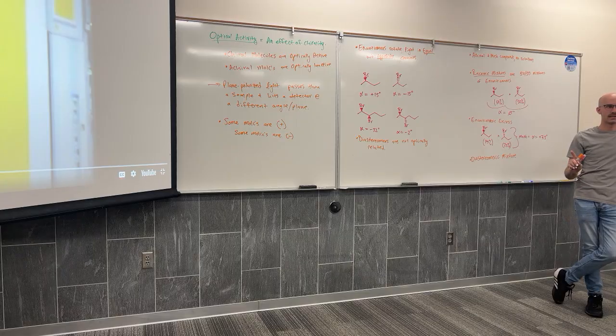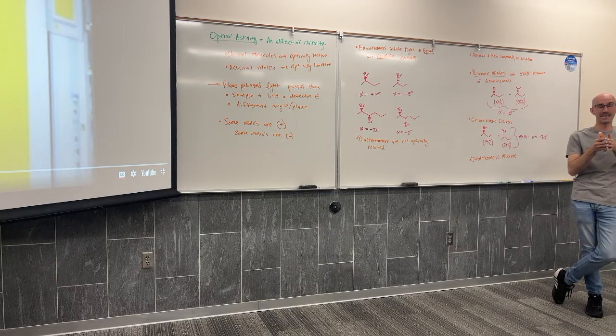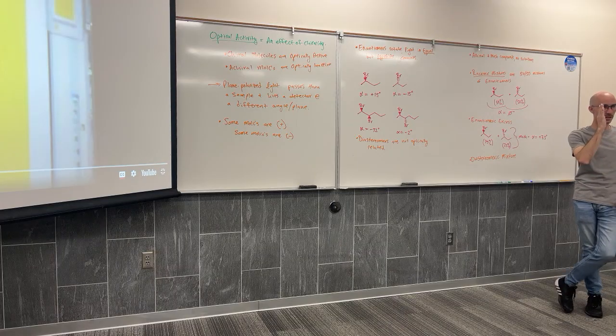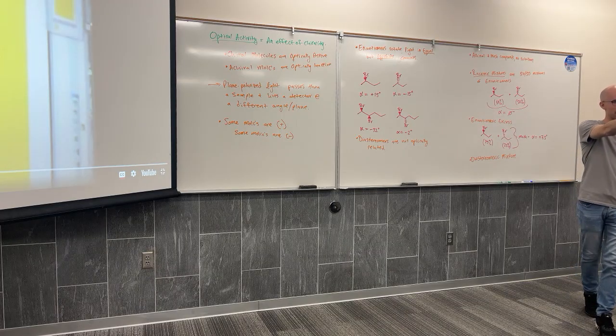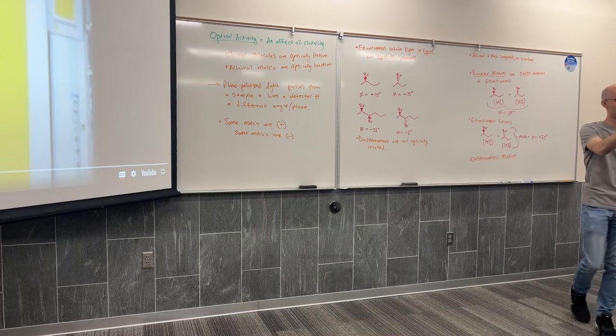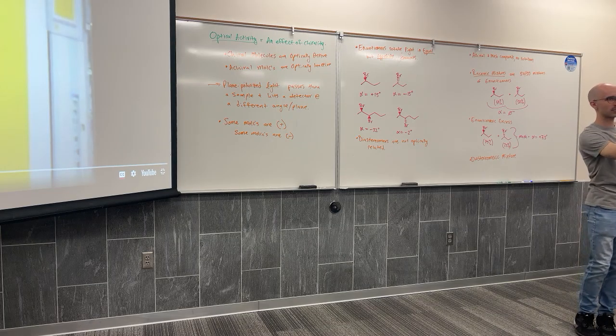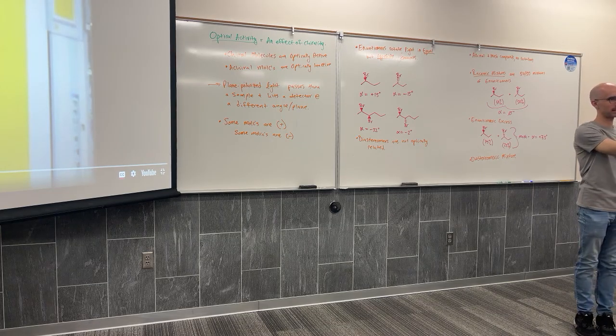This is not refraction. If it was refraction, you might not get the light at the detector. So the light is passing straight through the sample without refracting. But it's changing the plane that it's traveling in.